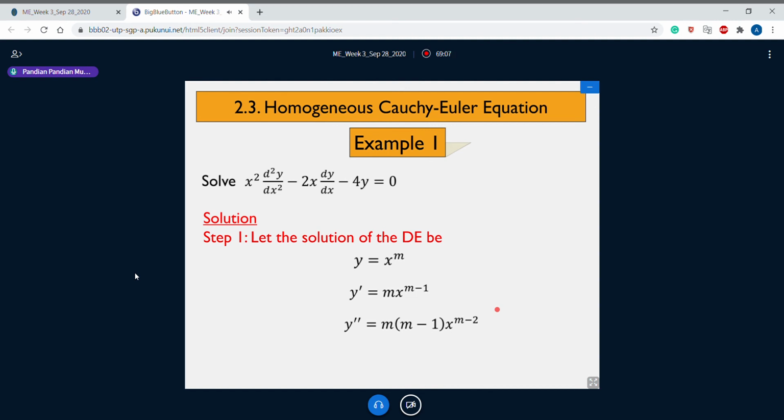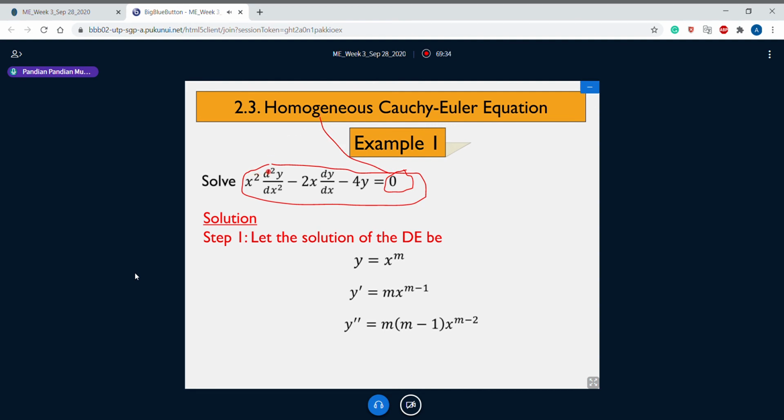Okay, in this case, x squared d squared y dx squared minus 2x dy dx minus 4y equals 0. This one is obviously a homogeneous Cauchy-Euler second order linear differential equation, because the right hand side is 0. Right hand side is 0 means homogeneous.